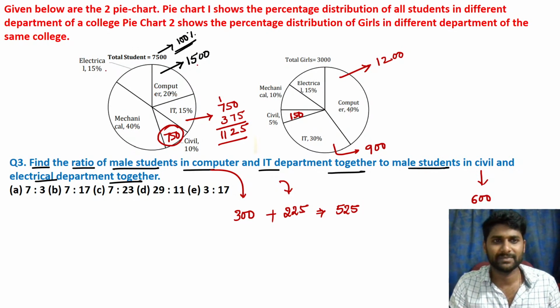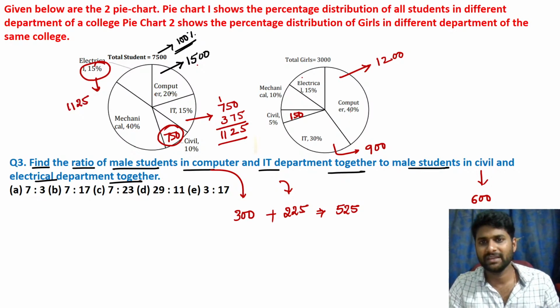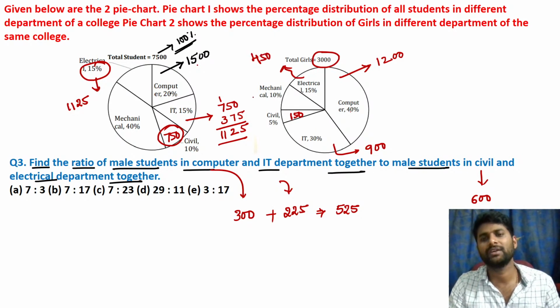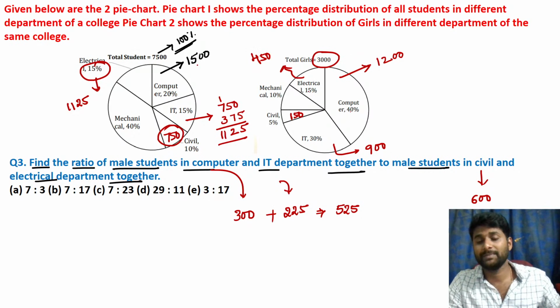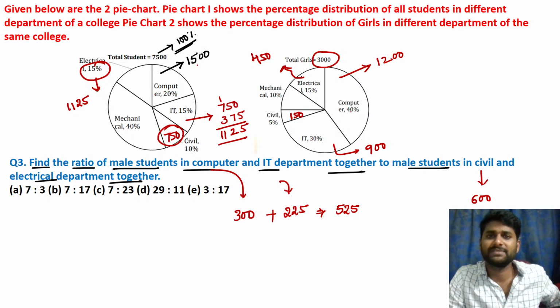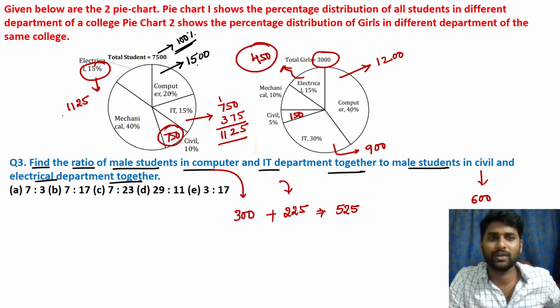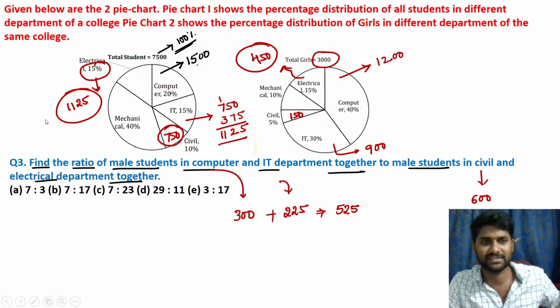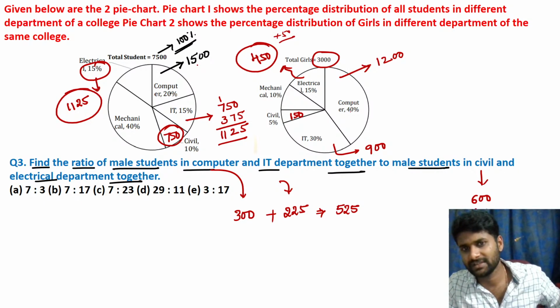And for the electrical department, here 15 percentage value becomes 1125. Here also 15 percentage: 10 percentage is 300, and 5 percentage is 150. The total value becomes 450. Find the difference here. 450 plus 150 is equal to 600. We have 625, so the total value is 675.